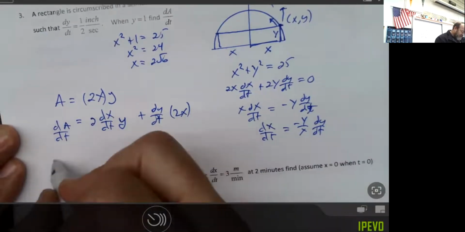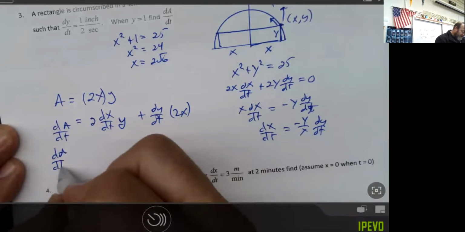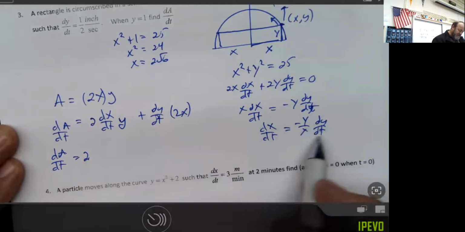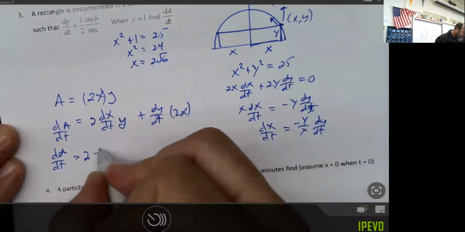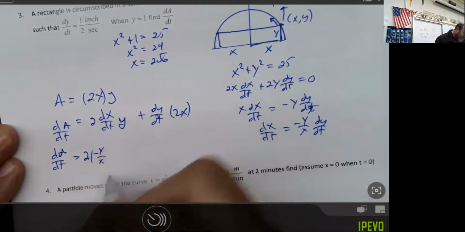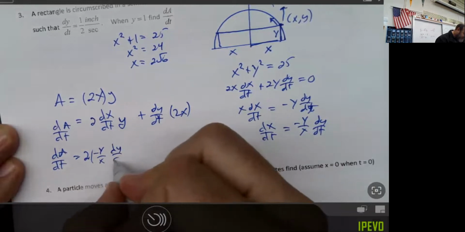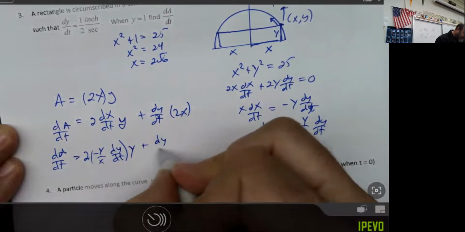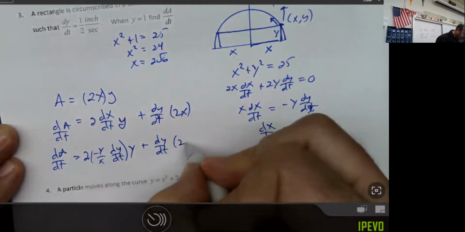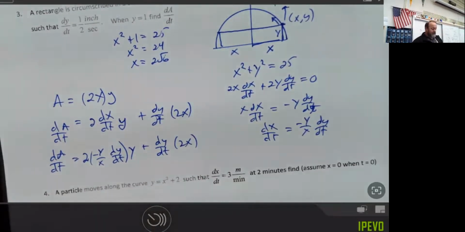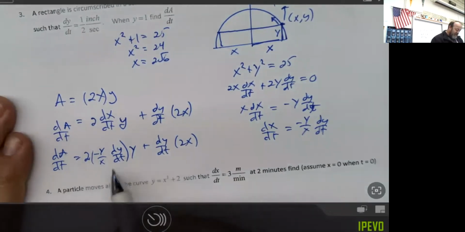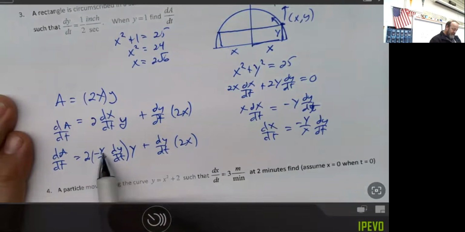So let's just plug this in over here. dA/dt, which is really what I wanted to find, is equal to 2, but instead of dx/dt, I'm going to replace it with negative y over x dy/dt times y, plus dy/dt times 2x. Now that doesn't seem like I did that much, but that actually gave me everything I needed, because for this particular snapshot, y was given to be 1.